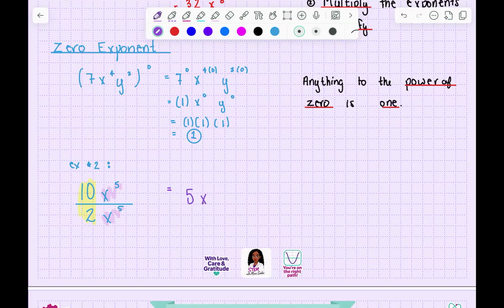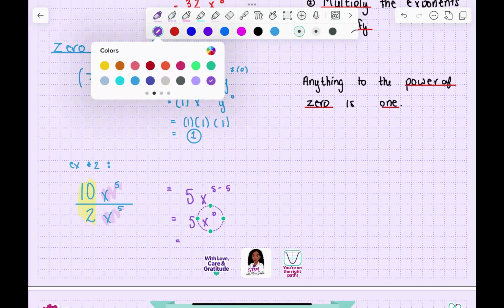Then I apply the division quotient law. I'm going to subtract the bottom from the top. So I have 5 minus 5. And then I rewrite it, 5x, 5 minus 5 is 0. So this here, let's do that. This is just 1, right?